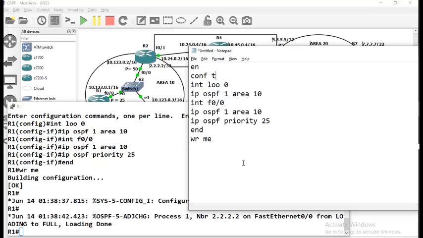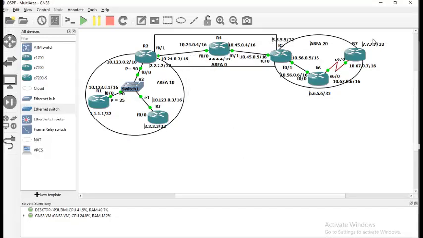Do you have any question on this, or are you convinced? Regarding the priority, does it need to be different on every router? Like in EIGRP, we had the same autonomous system, but I think you mentioned that it has to be different. See, if it is the same, the default is 1. The default is 1.